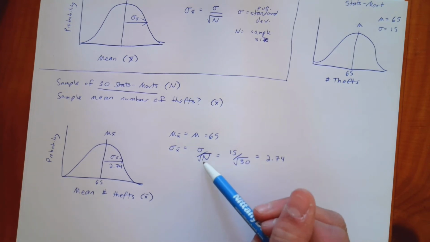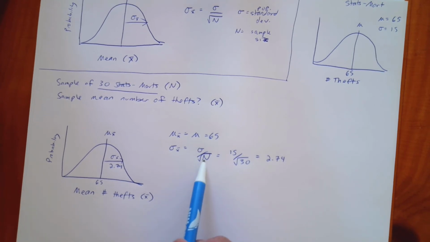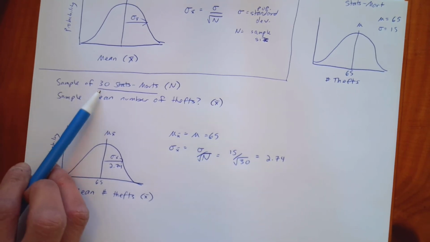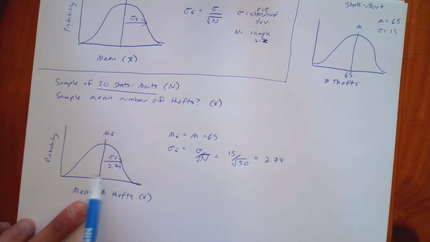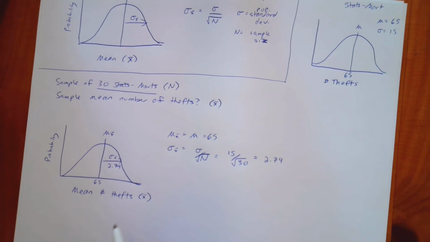Because we are dividing by the square root of the sample size, the bigger this number is, the smaller your standard error is going to be. So if you had a sample of 300 stat smarts, you'd be dividing by the square root of 300, and you'd end up with a much smaller standard error. In other words, your most likely sample means would be much closer to your population mean, so your sample would be more likely to resemble the population.